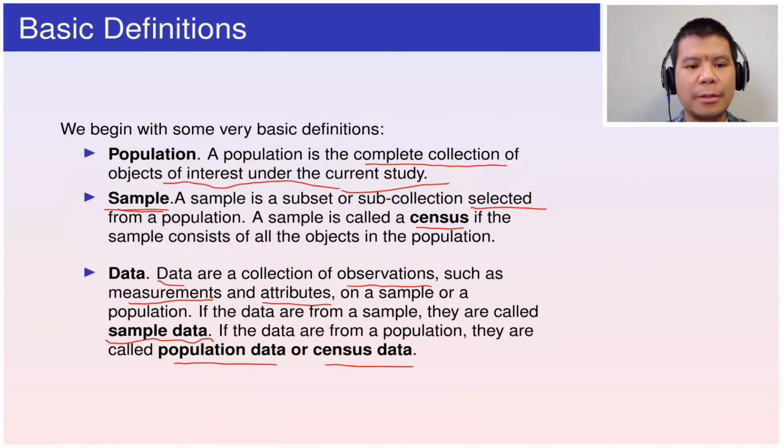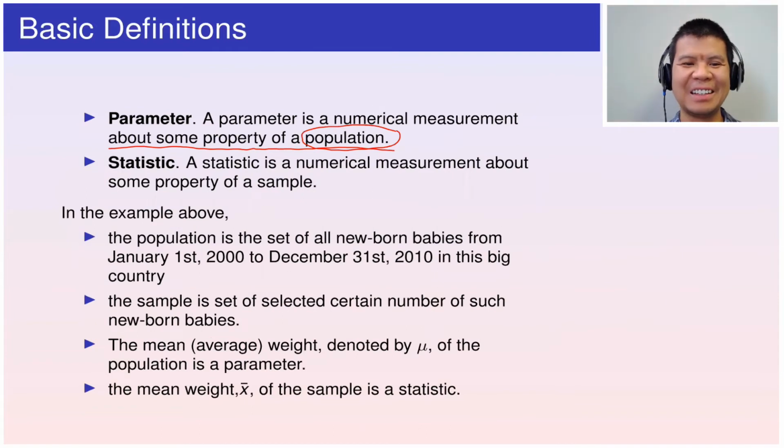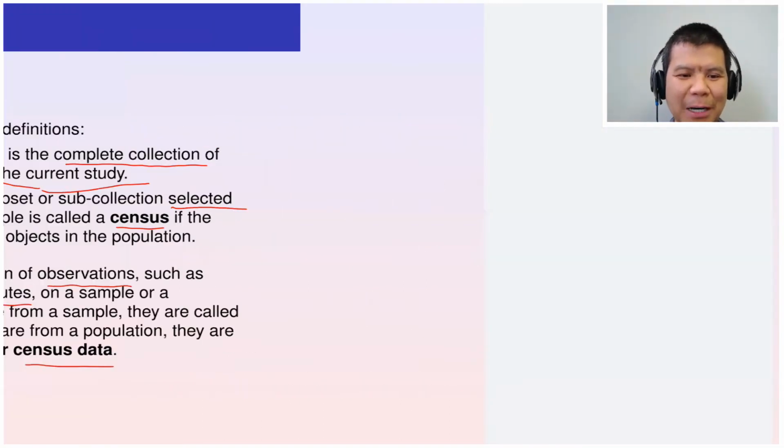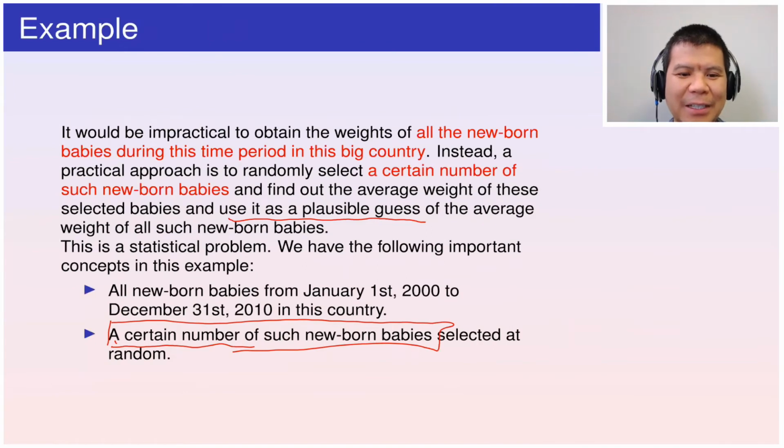Now, what is a statistic? A statistic is a numerical measurement about some property of a sample. Here is the difference. In the example above, we found the average weight of these selected babies.